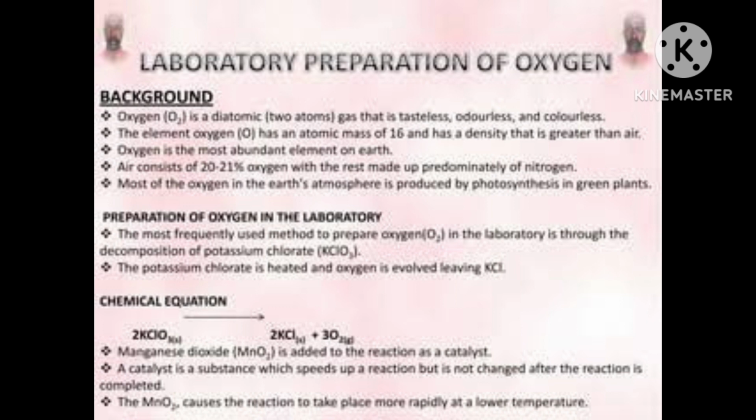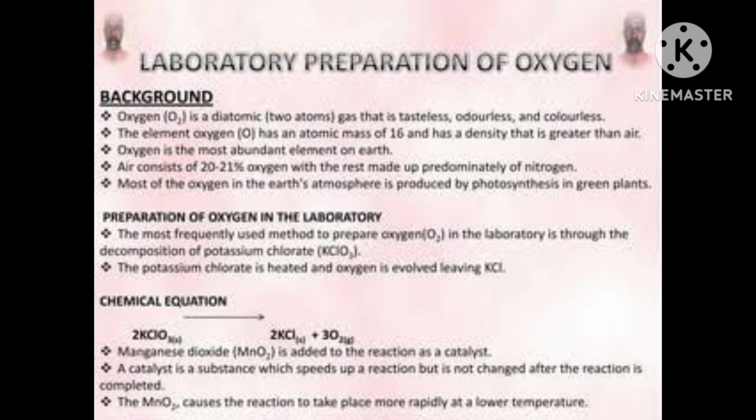Very important, it liquefies at 90 Kelvin. 90 Kelvin means, I think you might have understood, 273 plus T is equal to 90. Then T is equal to 90 minus 273. In degree centigrade, that will come in minus. Then it liquefies at 90 Kelvin and freezes at 55 Kelvin.